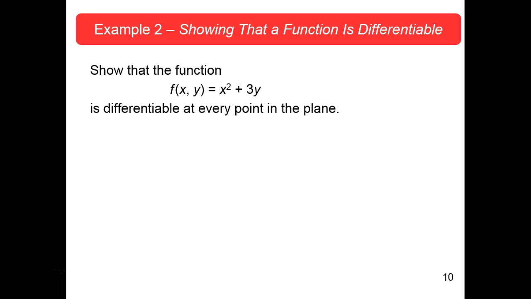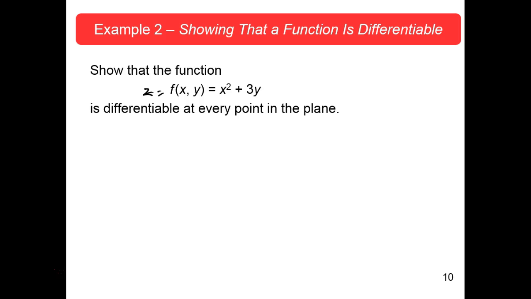If we start with, let me get my pen set up, z is equal to f of x, y. That's the function in that definition we just had. So let that be the case.